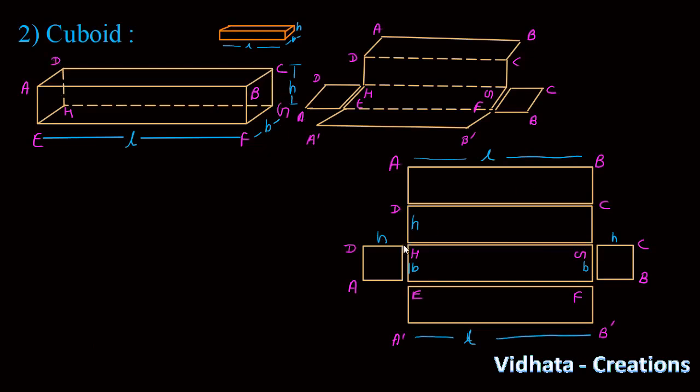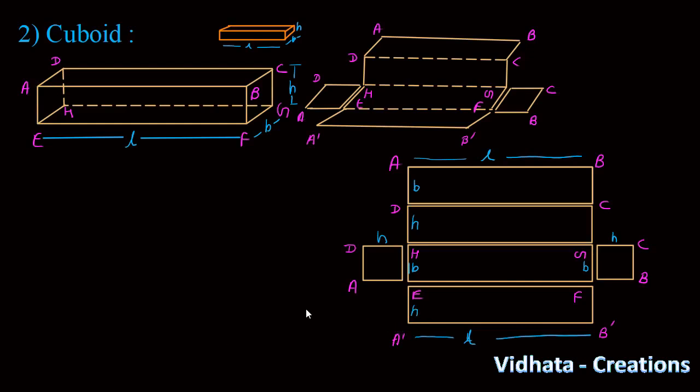And what about AD? AD is breadth, so here I will take it as b. What about A dash E? Here it is height, so again here I will take it as h.